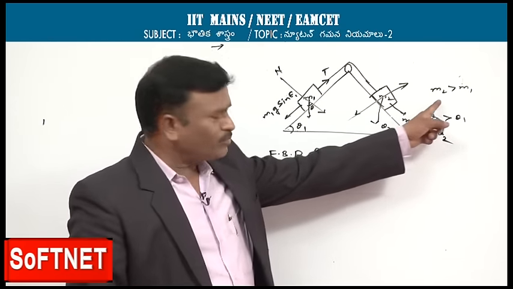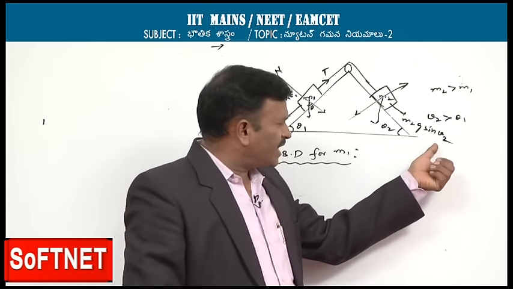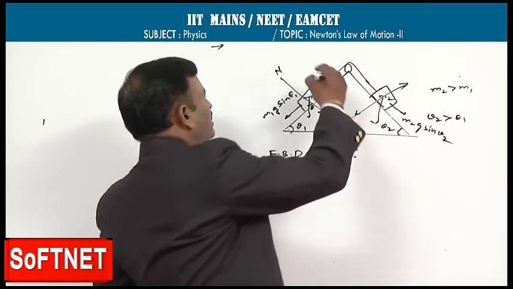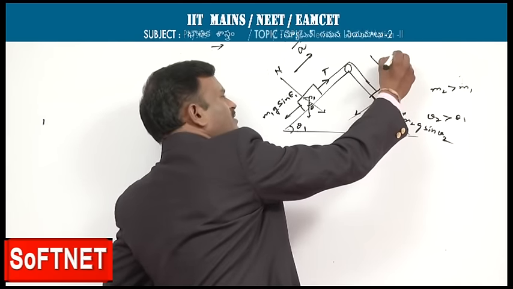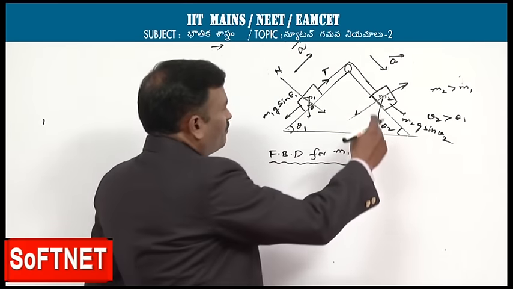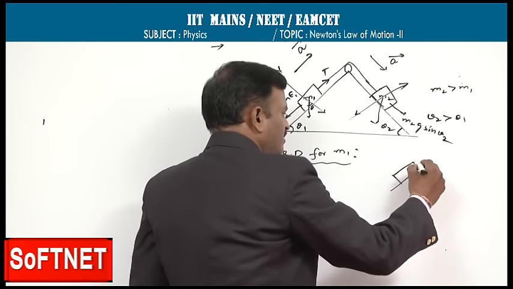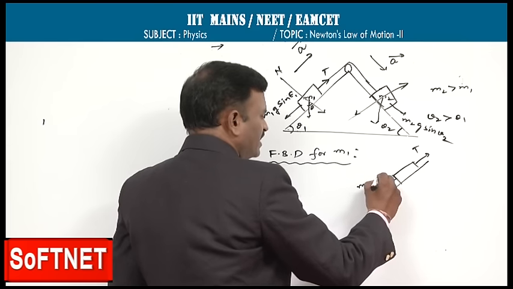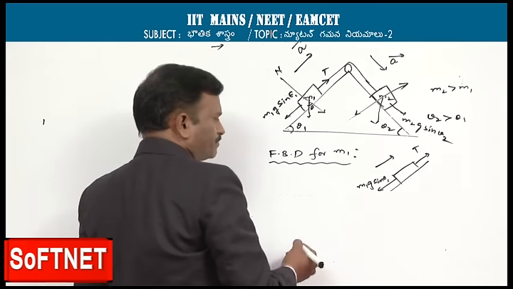Taking the conditions m2 is greater than m1 and theta 2 is greater than theta 1, m2g sin theta 2 is greater than m1g sin theta 1, so the acceleration of the system is in this direction, down for m2. Now the free body diagram for m1: the body is here, only tension is acting up and m1g sin theta 1 is acting down. The resultant acceleration is up.